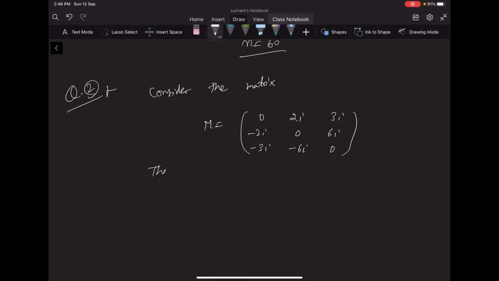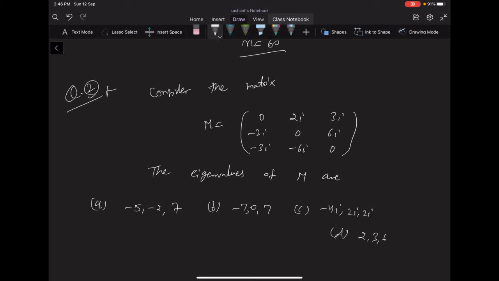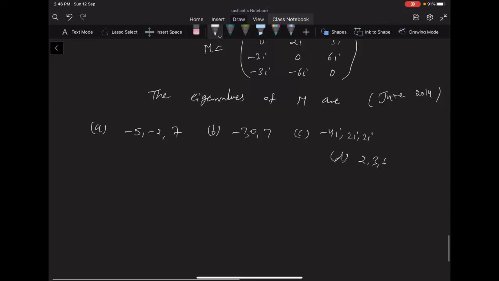We have to tell about the eigenvalues of M. Option A is minus 5, minus 2, 7. Option B is minus 7, 0, 7. Option C is minus 4i, 2i, 2i, and option D is 2, 3, 6. This is from June 2014 NET exam.